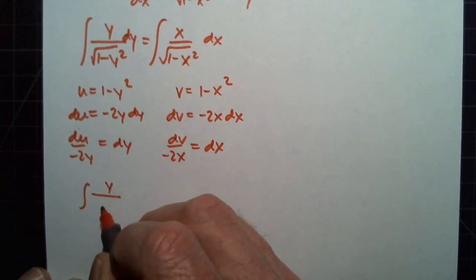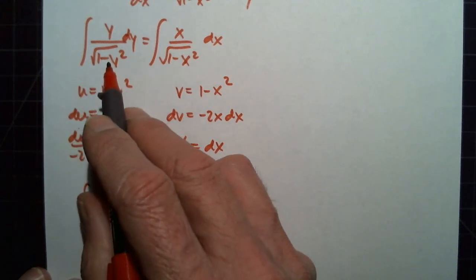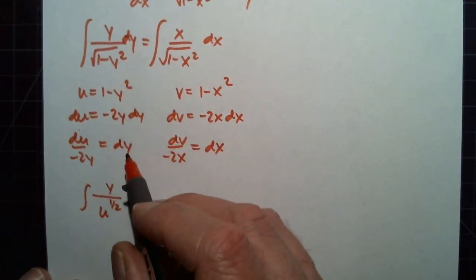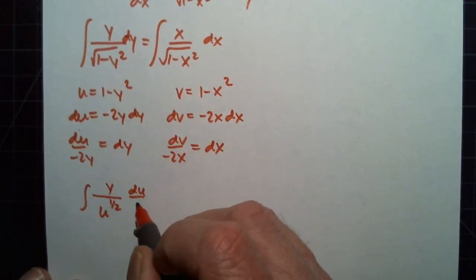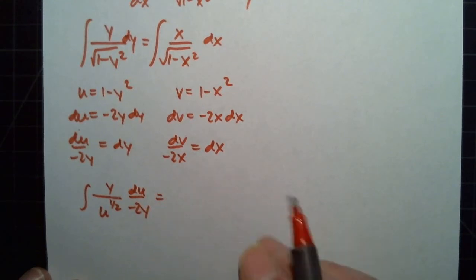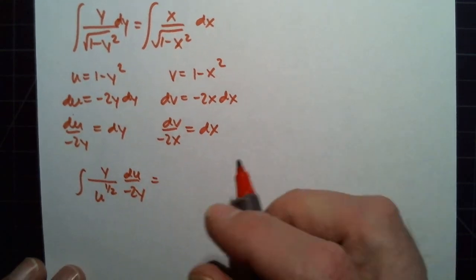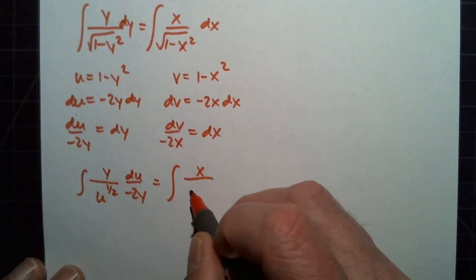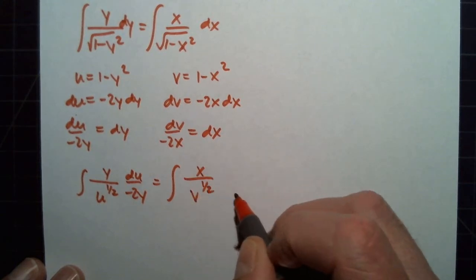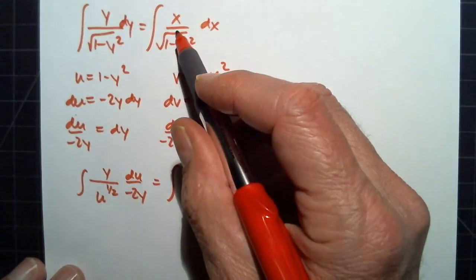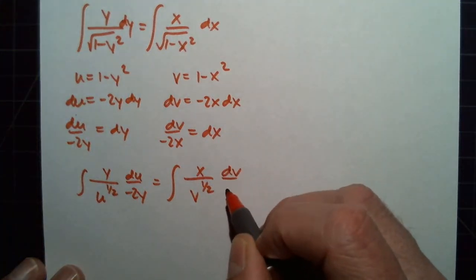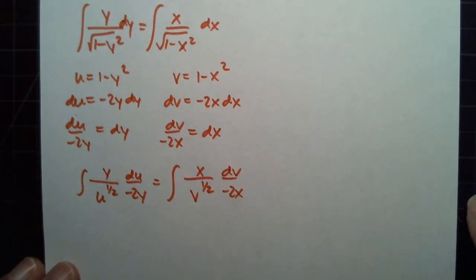Y over, this will be u to the 1/2. dy is du over negative 2y. X over v to the 1/2. And then dx is dv over negative 2x.